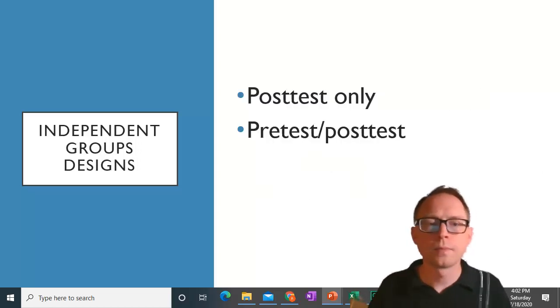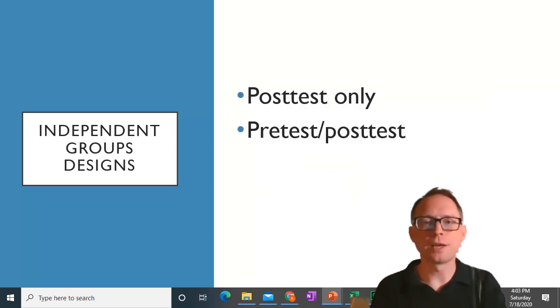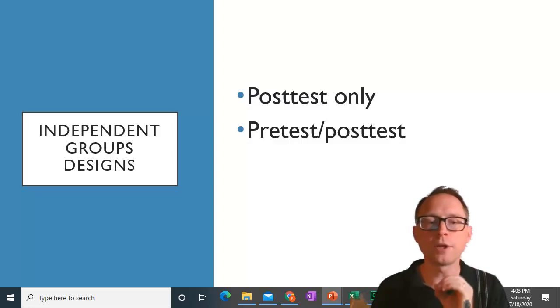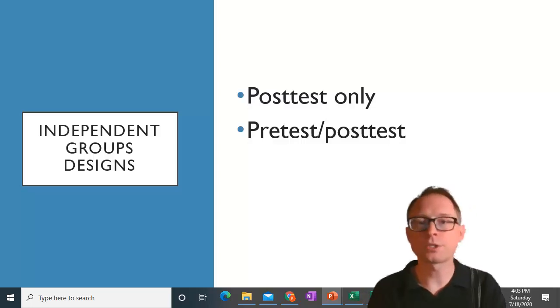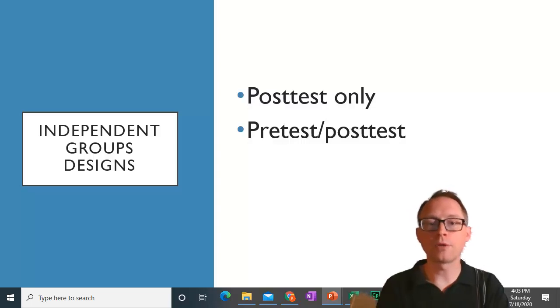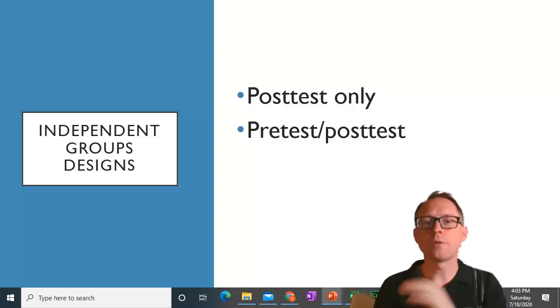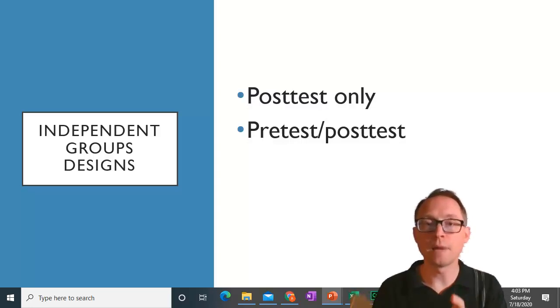All right. Within independent groups designs, that sounds confusing now that I said that. Using independent groups designs, there's different ways you can do this. So one is a post-test only, and another is a pre-test post-test. Now, the post-test has to do with when you take the measurement, right? The measurement of the dependent variable. So one option is to do a post-test only, and that's the most common, right?